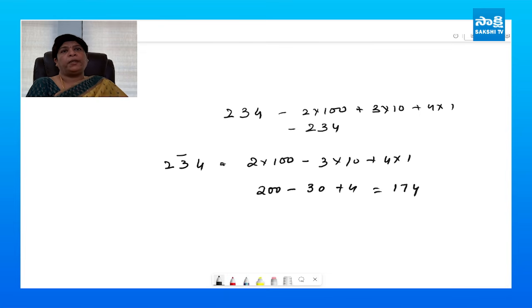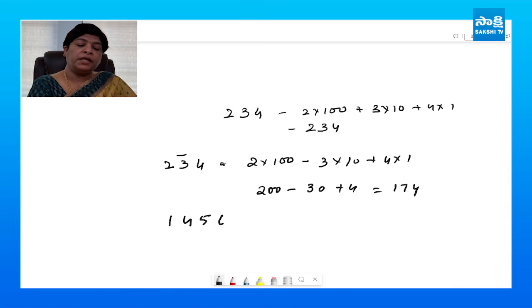So each digit, whether positive or negative, keeps its position value. So you simply multiply each digit by its place value and add them together, treating the bar digits as negative values. So let's see one more example. 1, 4, 5, 6, with a bar over 4 and 5. So the equivalent would be 1 into 1000. The place value of 1 is 1000. Since it's a bar number, I'm going to subtract 4 into 100.